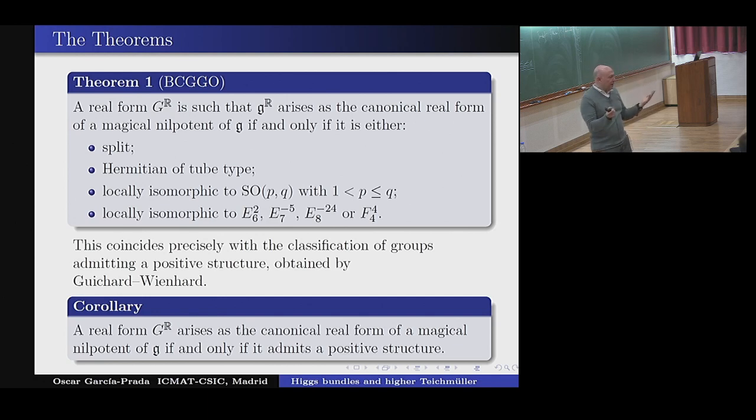It's just by comparison of the two classifications. The same elements emerge there. Of course, you can see the relation. In one case, you have a parabolic for the positivity. In the other, you have a nilpotent element. But if you have the nilpotent, you complete it to an SL2 triple, and then you take the element H.